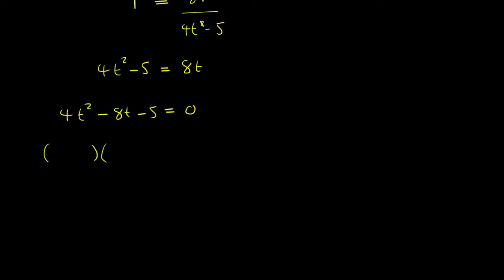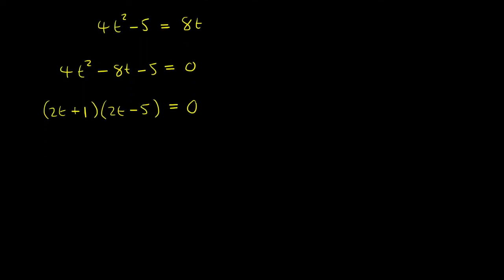Now, most of you will probably use a calculator to solve the quadratic, but we're looking for two numbers that multiply to give -5. So it's going to be -5 and +1, or the other way around. If I've got -5 here and +1 there, the reason for that is -5 times +1 is -5. And then we're going to get -5 times 2t, which is -10t, plus 2t, and that's going to give me -8t.